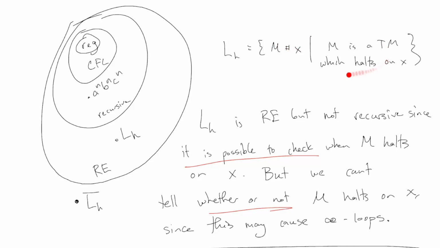It's all strings except for these ones. And that is not even in the RE. That means there's not even a Turing machine which, if you already know that a string is part of this language, can just verify that fact for you. And certainly, there is no Turing machine which can tell whether or not a given string is part of this language. All right?